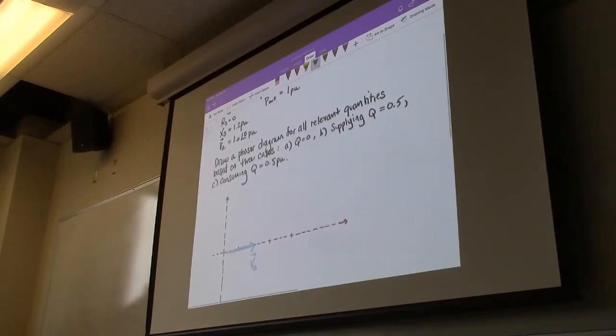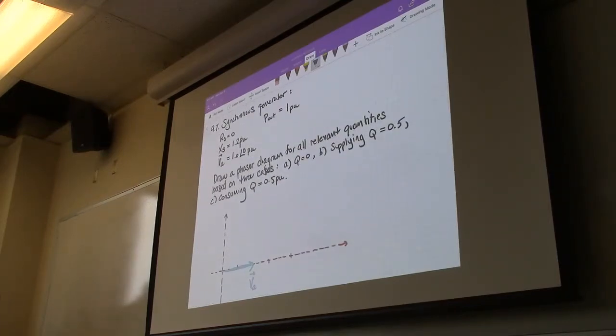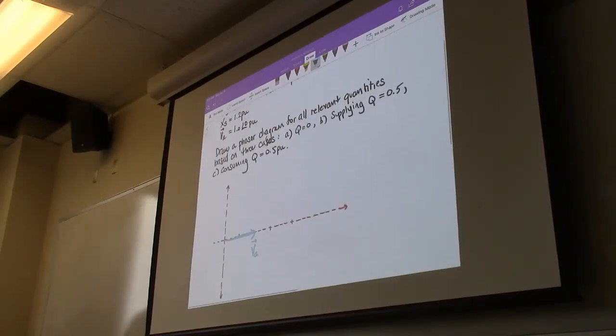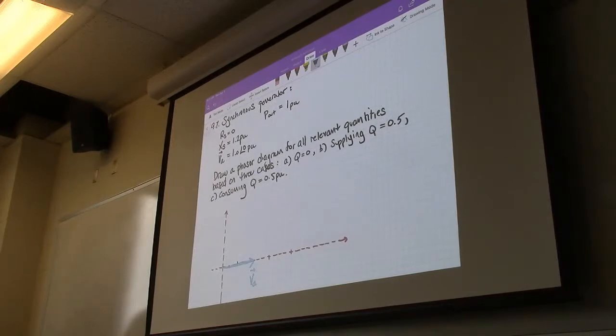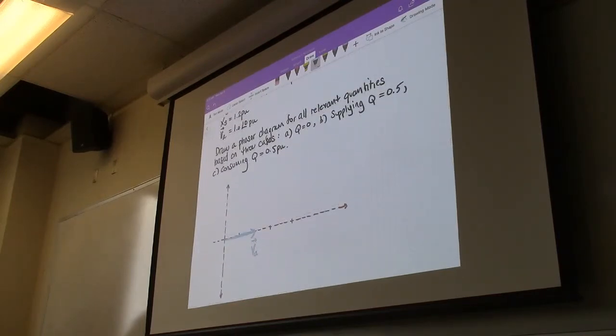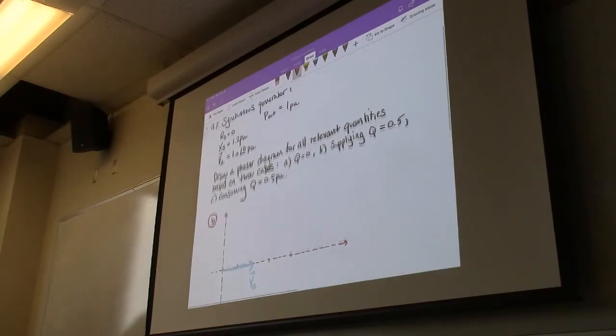The next vector we're normally going to draw is going to be our IA. So how do we progress with that? This is case number B right here. How are we going to figure out what IA is?